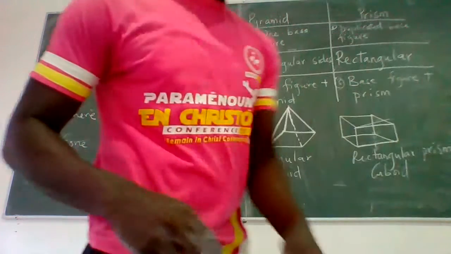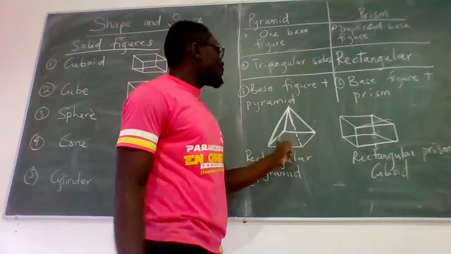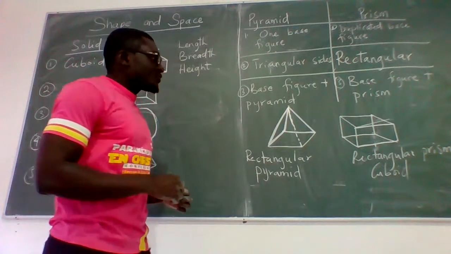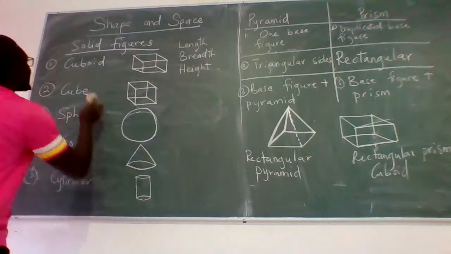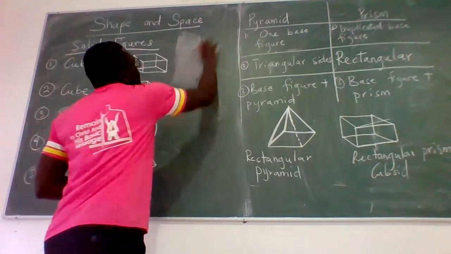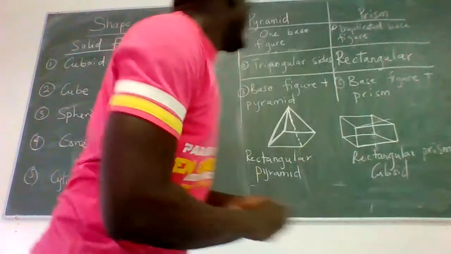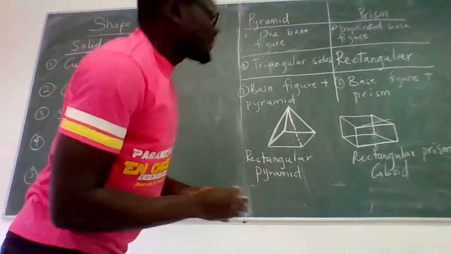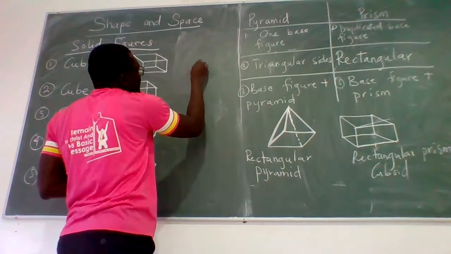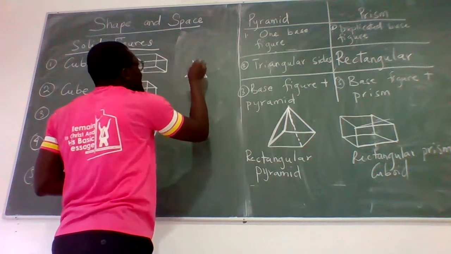There is yet another pyramid that has the base to be a triangle. So we have a triangle as a base, and then its surrounding figures are also triangles. I will try to see whether I can draw. So let's say we have something like this.